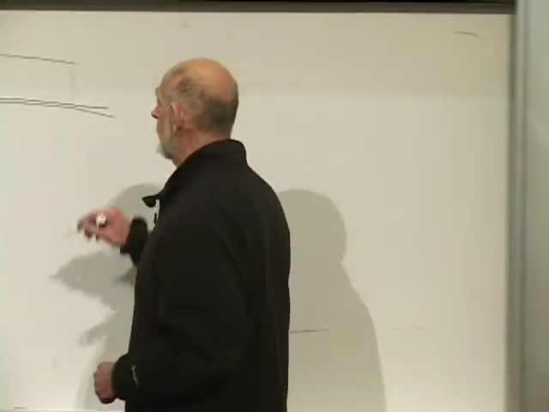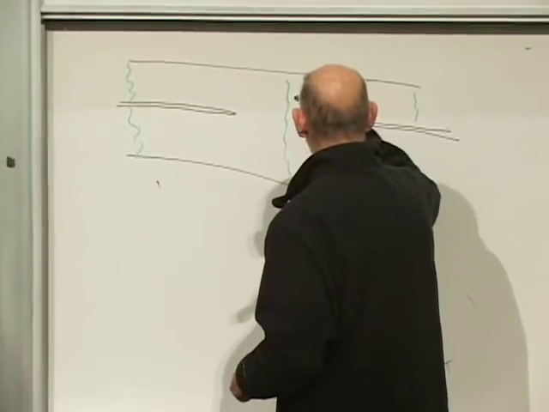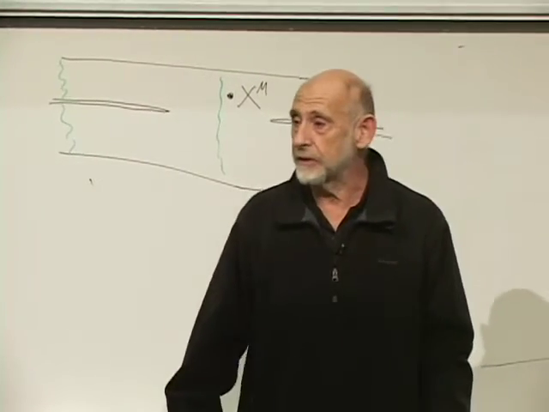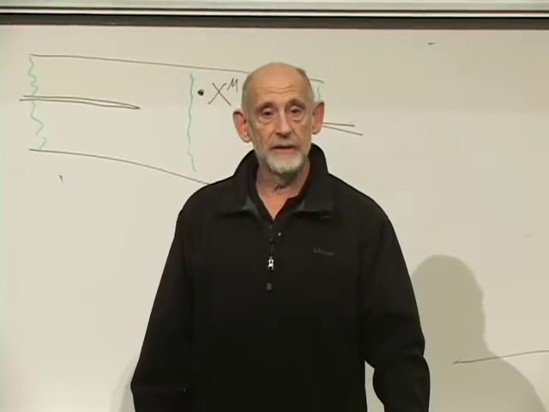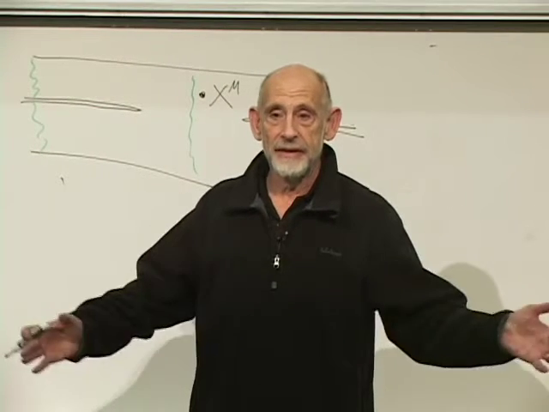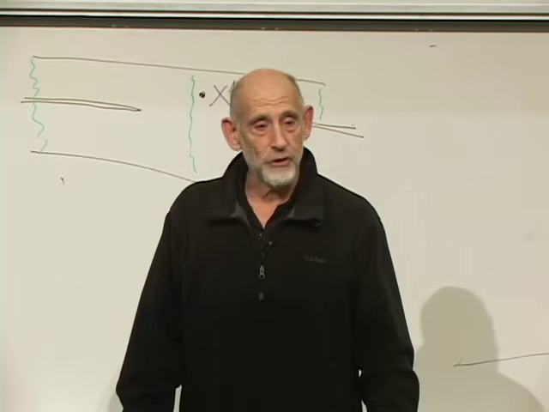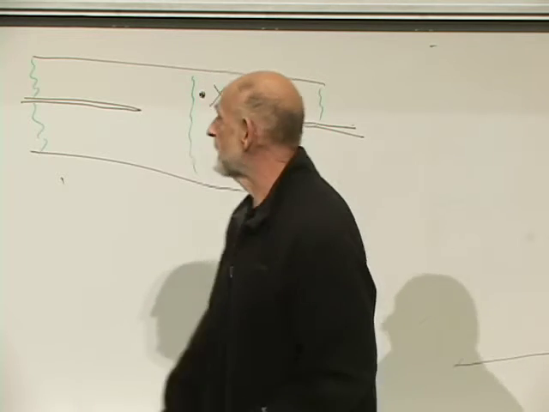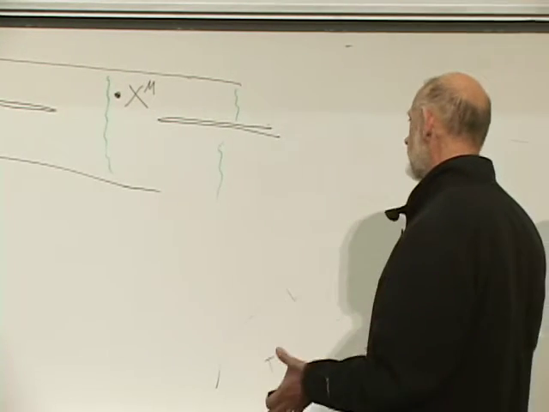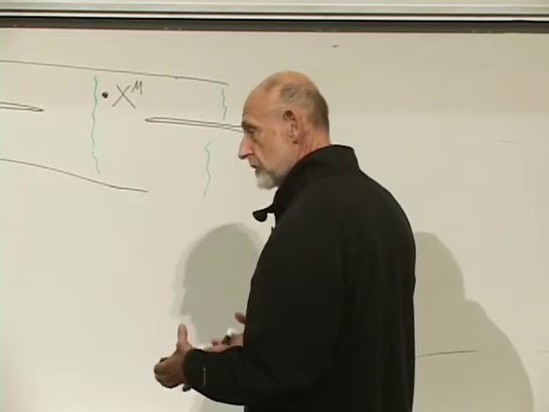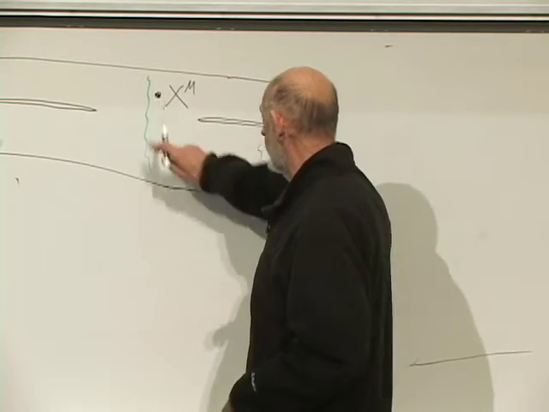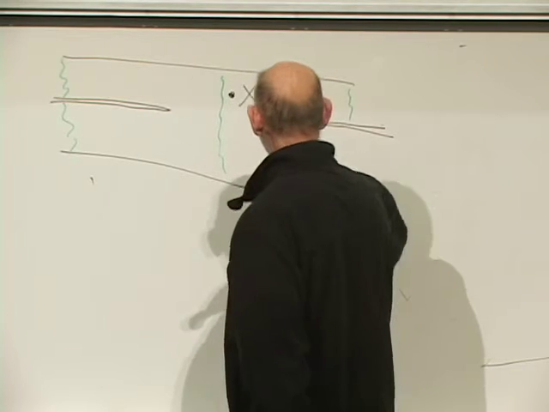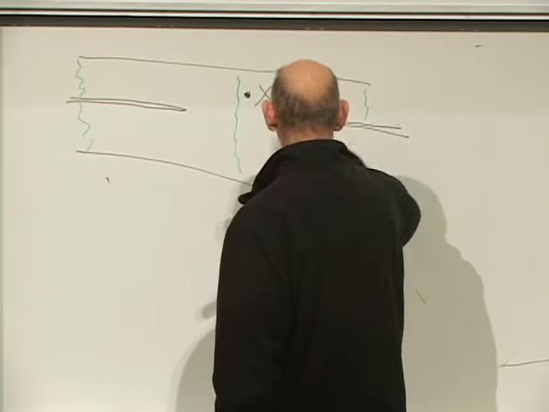So what are they? They're x mu, where mu goes from 0, 0 being time, to what's the last one? 25 if it's in 26 dimensions, 9 if it's in 10 dimensions. But whatever the collection of coordinates are that describe the location of a point on the string, we call that x mu of sigma and tau, let's say.